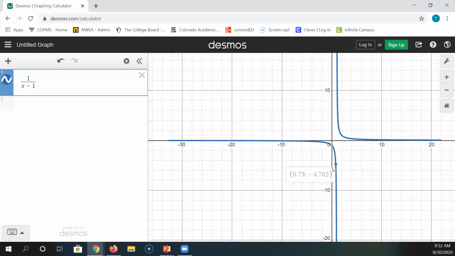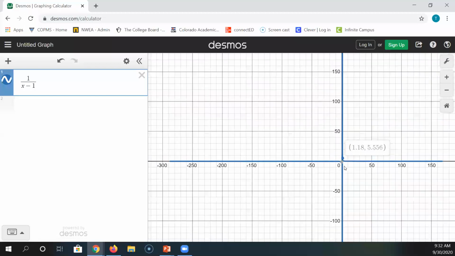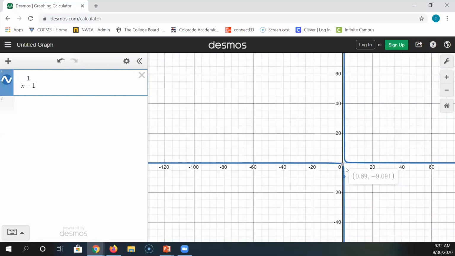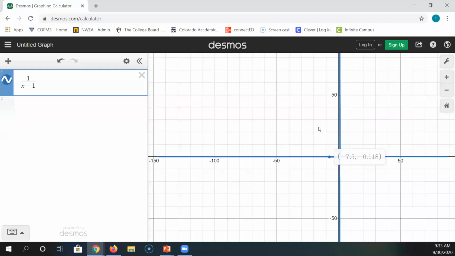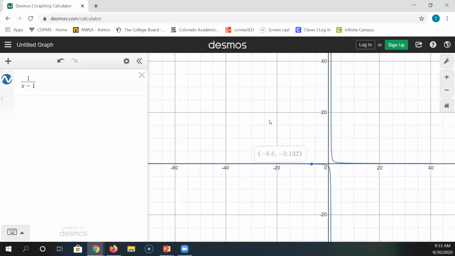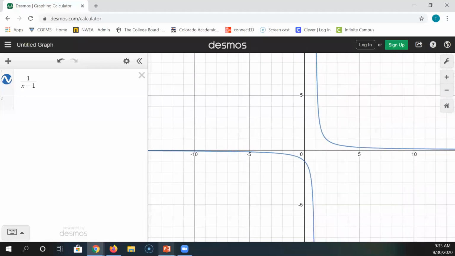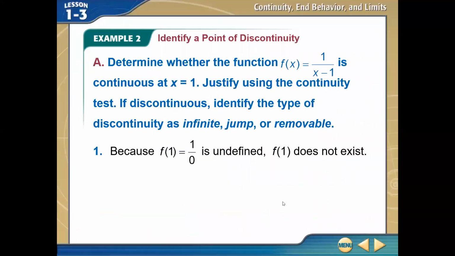The book plugs in points like the x value goes like 0.999. But as I push from the right, I go to a positive. So to me this looks like an infinite discontinuity, but we're going to build a table of values to prove it, which is the second step of the continuity test.